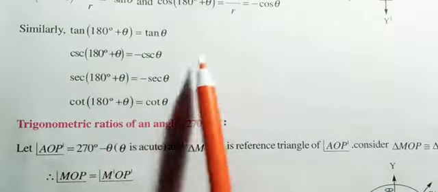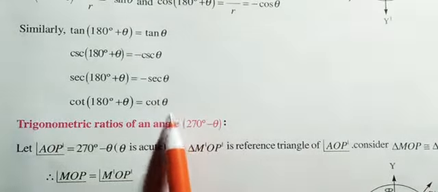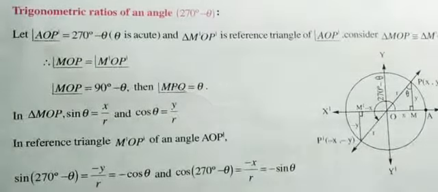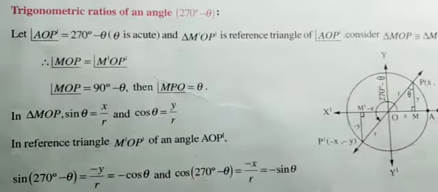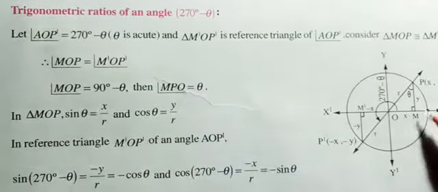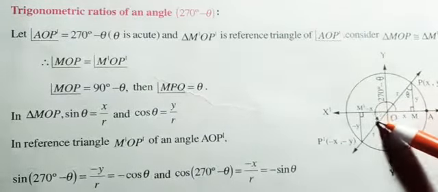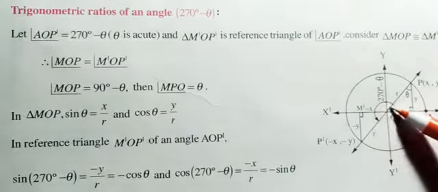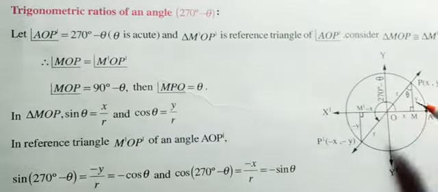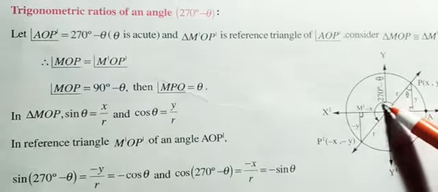If sin and cos are computed, then all the other trigonometric ratios can also be computed. Next, trigonometric ratio of acute angle 270 minus theta. Now here this angle, that is 180 plus theta, is also considered as 270 minus theta, because this is 180 and this is 270, so this is 270 minus theta.